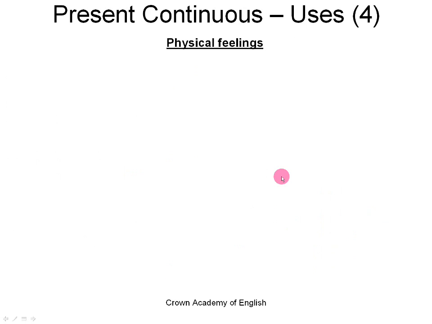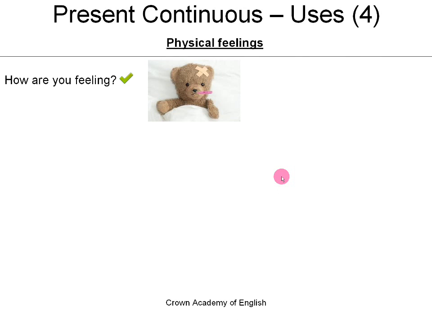Okay, so we can use the present continuous also for expressing physical feelings. Okay, so for example, we can ask somebody, how are you feeling? Okay, and also this is quite an exception, but how do you feel is also correct.